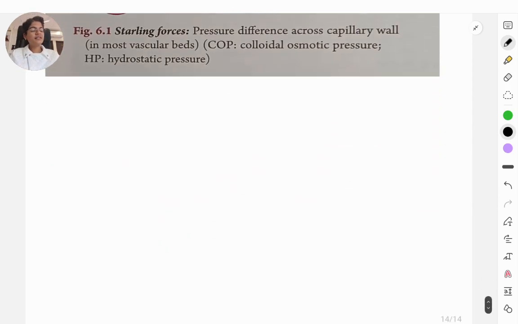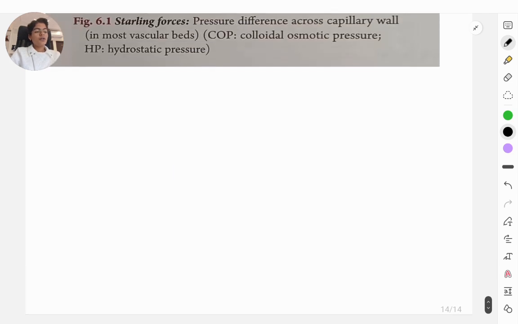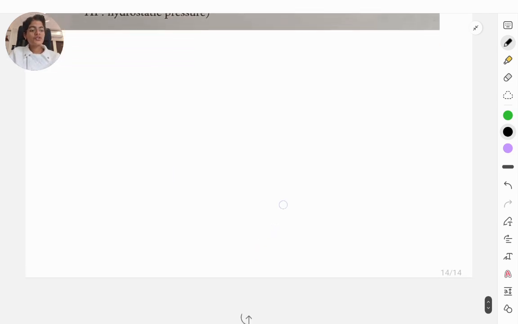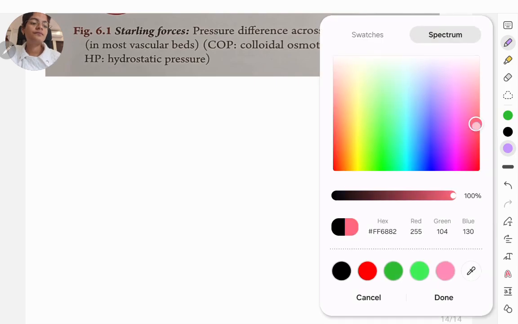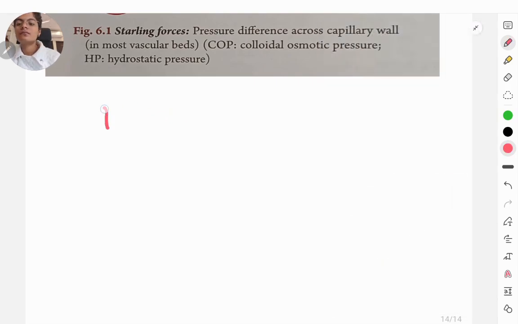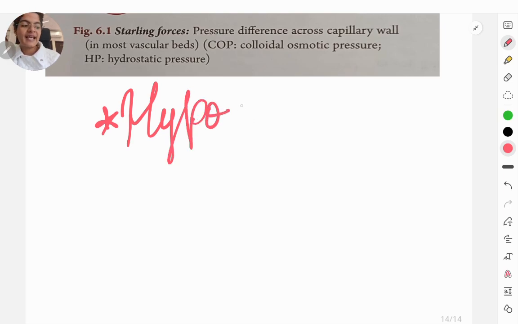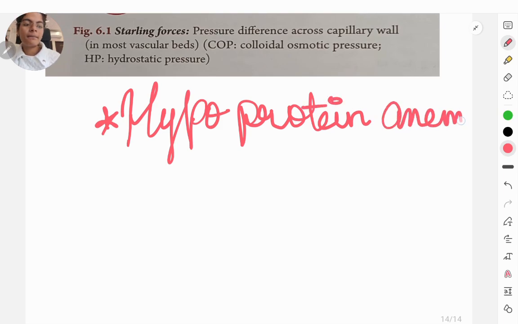Now the next part is that we need to know a condition. Applied knowledge should also be there. So there is hypoproteinemia. Hypo means less, protein, emia.